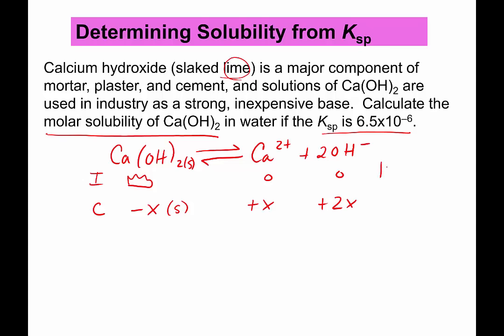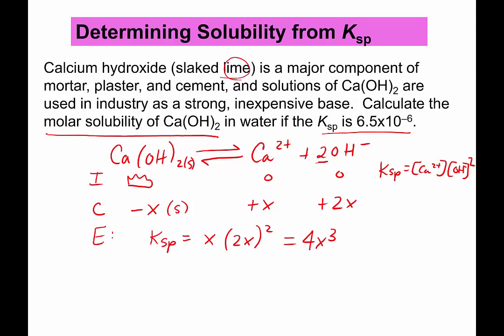Our KSP expression is going to be calcium 2 plus times OH minus squared, because of this 2 out in front. So for our equilibrium expression, KSP is equal to X times 2X squared, which is 4X cubed.